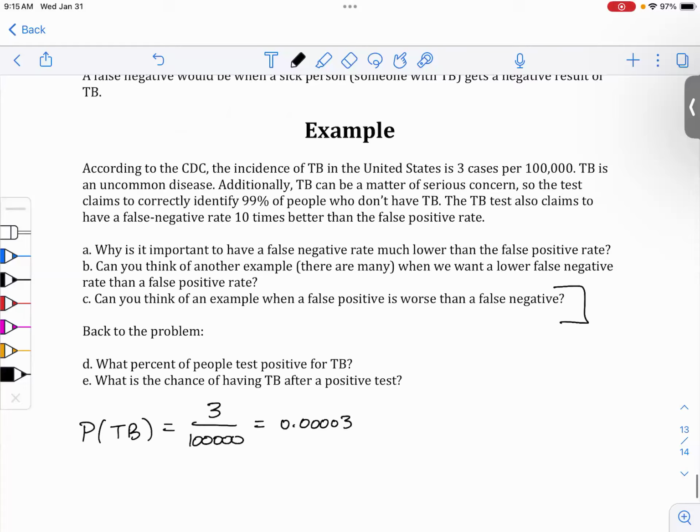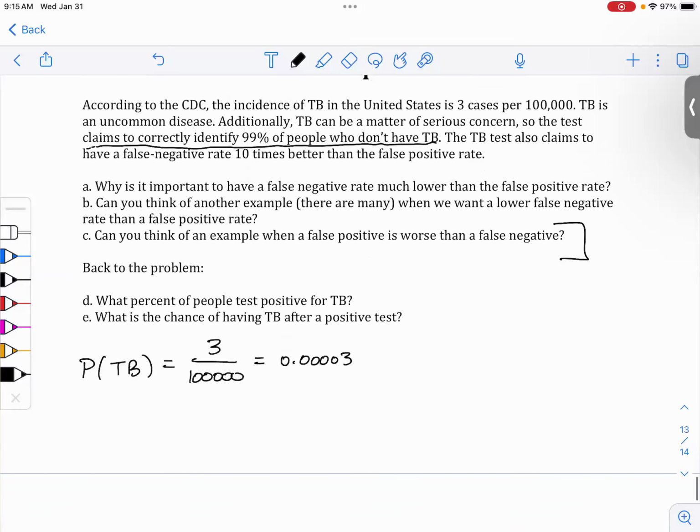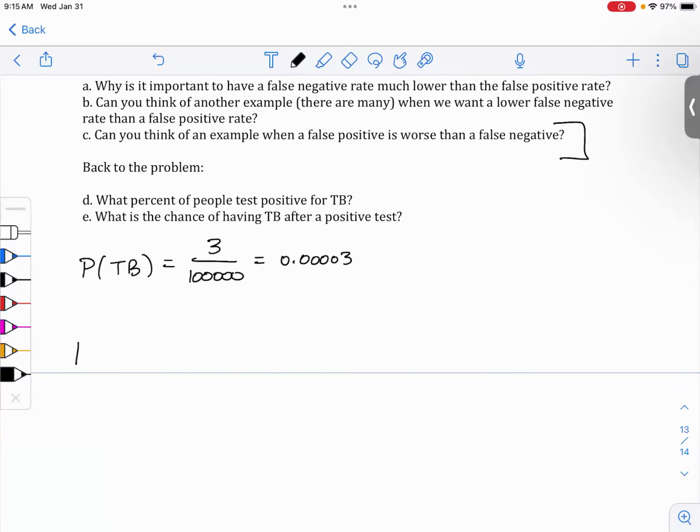Additionally, and here's how these tests, basically the information is always given. The test claims to correctly identify 99% of people who don't have TB. That means they correctly identify those who do not have TB. That means given we do not have TB, it is correctly identified, and the correct identification for that is a negative result.